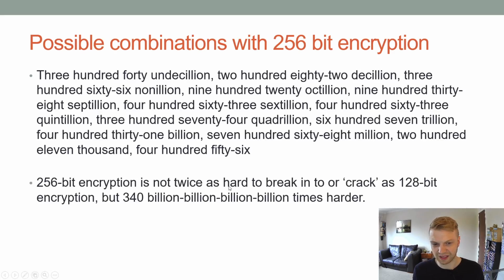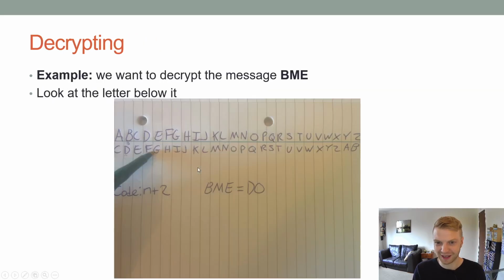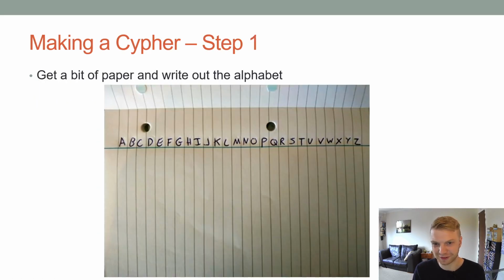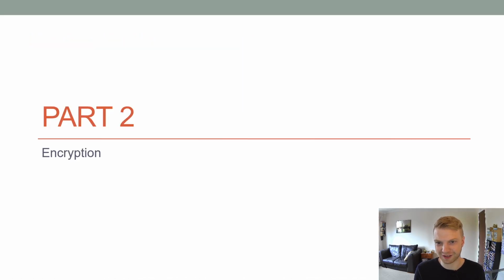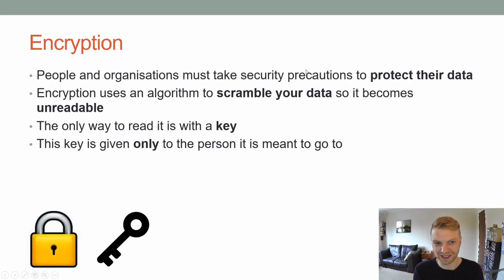And this is actually 340 billion times harder to crack than 128-bit encryption. So just to recap, encryption is very hard to crack. Encryption scrambles your data, makes it unreadable, and its goal is to protect your data.